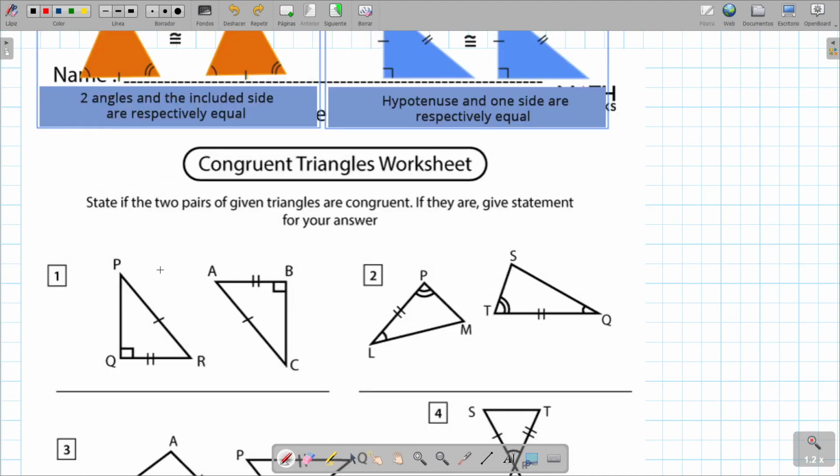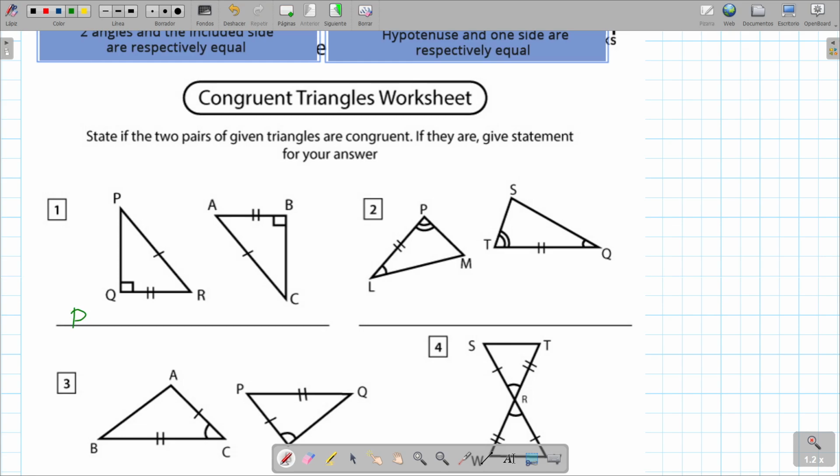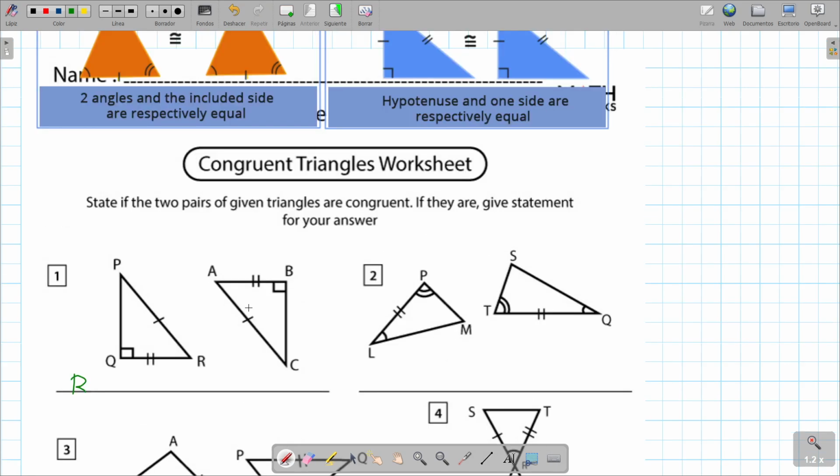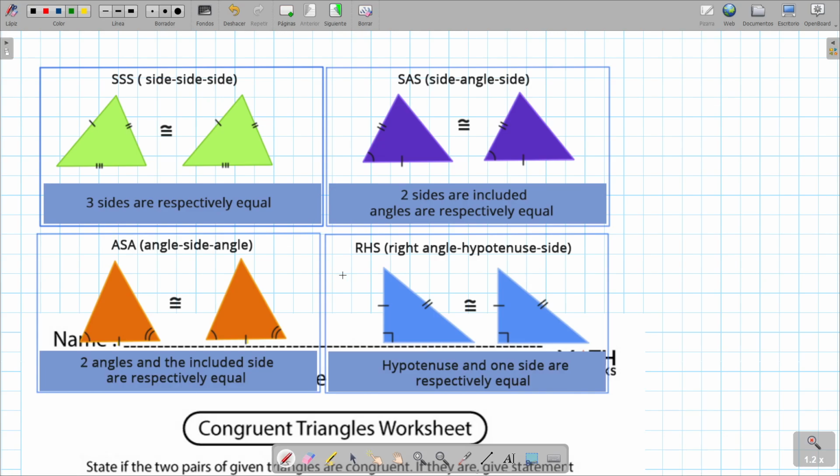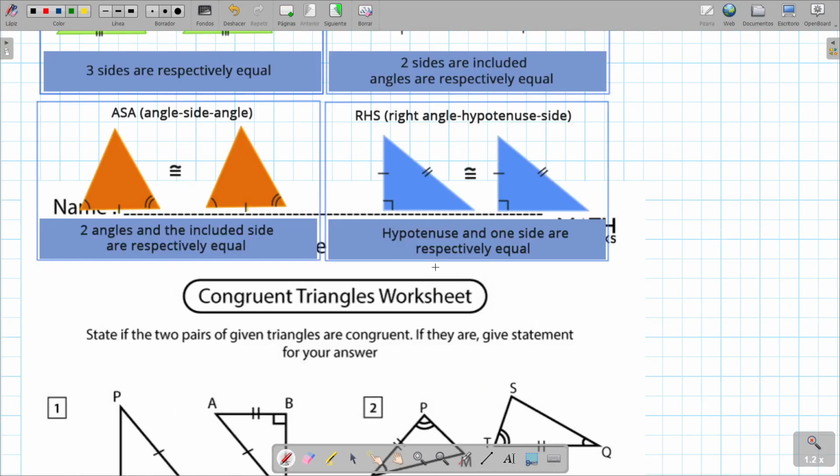Okay, so we are going to practice with some of these triangles right here. This first one, as you can see, we have a hypotenuse which those triangles have in common. We have another side which these two triangles have in common, and we have the right angle. So we are following this condition, RHS.